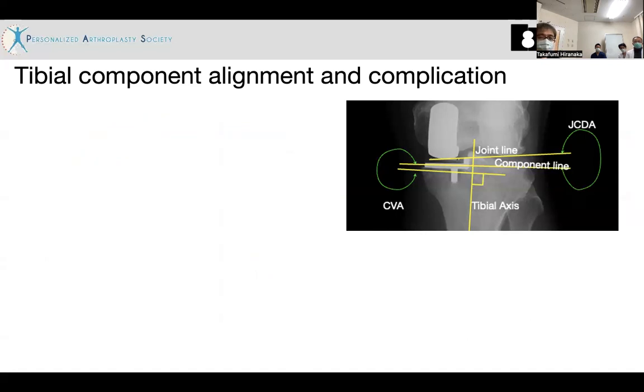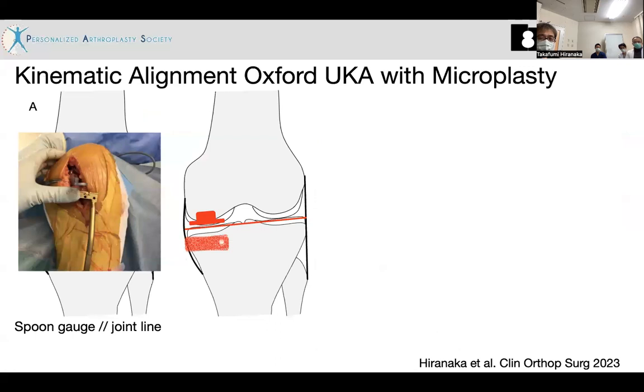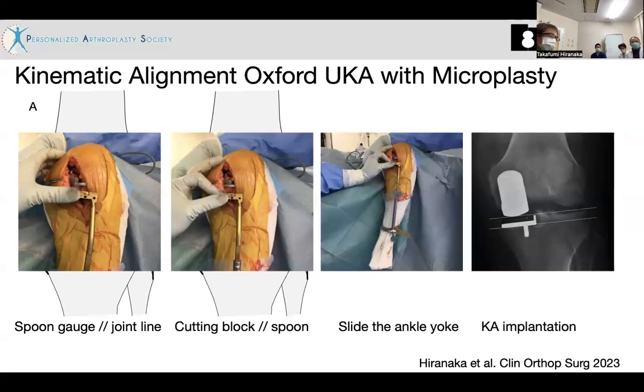But unfortunately, my tool has some limitation of side slide. Up to 2 millimeters, that counts for around 4.6 degrees in valgus. That can be a restriction. Even using this one, the tibial component alignment is sometimes 10 degrees or 8 degrees and 9 degrees. But nothing happened. Completely nothing happened. Patients are very happy.